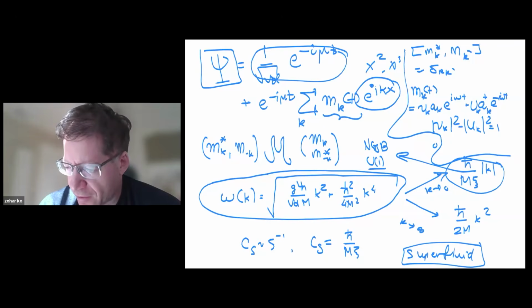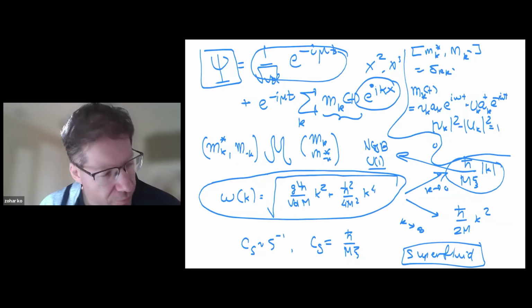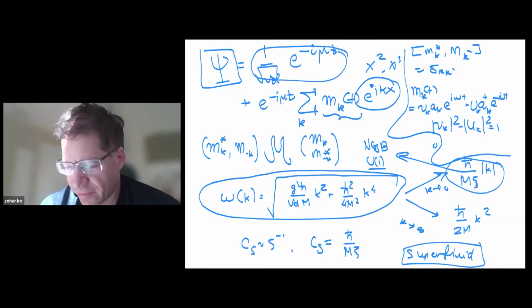What comes to mind to me is that in the context of particle physics, people were inspired by this computation. As you know, in particle physics, there are pions. These are the Goldstone bosons of chiral symmetry breaking in QCD.